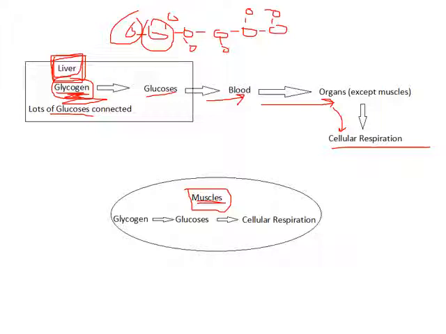Well, the problem is, where do the muscles get the glucose? If the muscle gets the glucose from the blood, what happens is that as the muscles start to work, they'll start shunting the glucoses to the muscles more and more and more, and then there'll be less of the glucose to go to the brain and other organs.